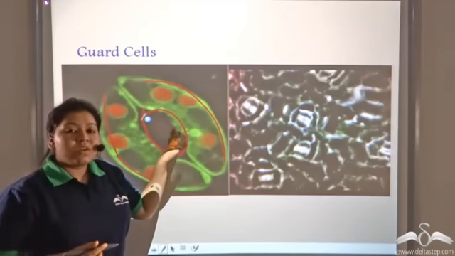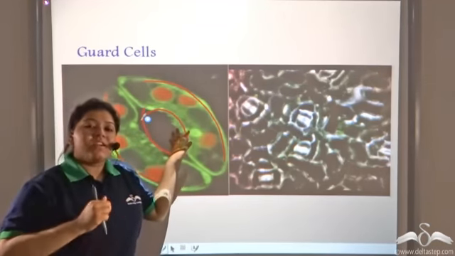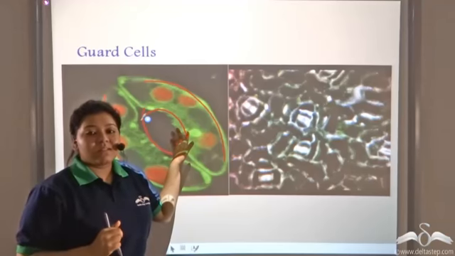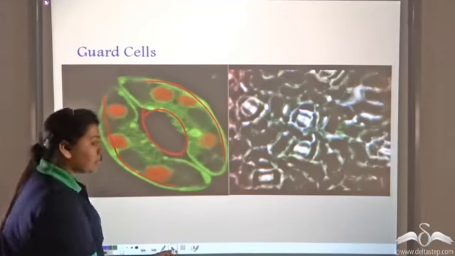And through this pore, the gaseous exchange takes place in the plants. See, these are the guard cells that are present in the plants. They have a kidney bean structure which opens and closes and forms these openings through which gaseous exchange takes place.